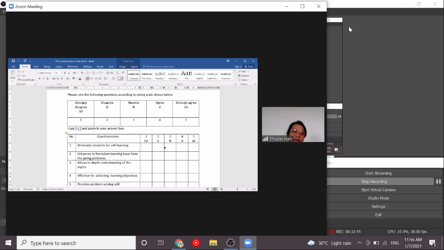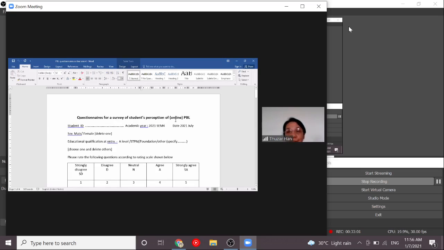Based on your data, we may make some modifications to the current context of the PBL. This one is the perception of online PBL, because the whole of semester 4 is online class.